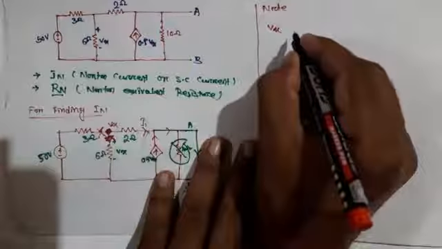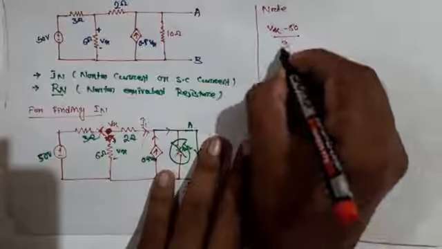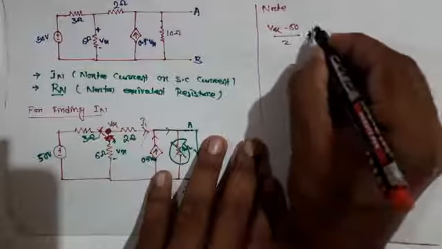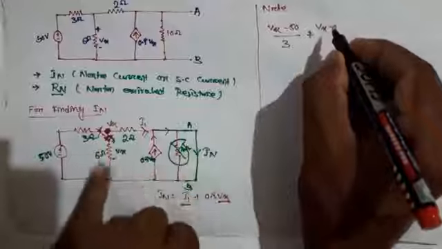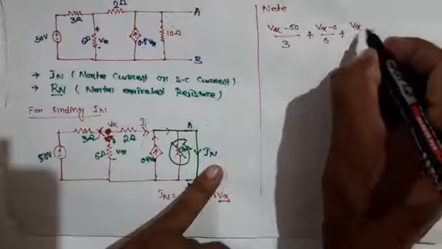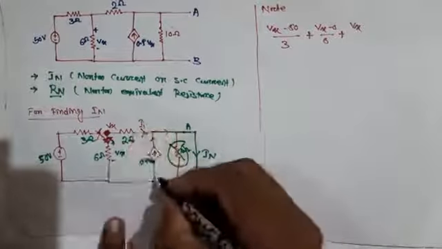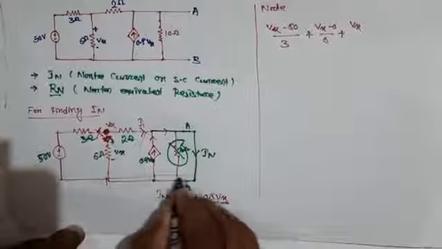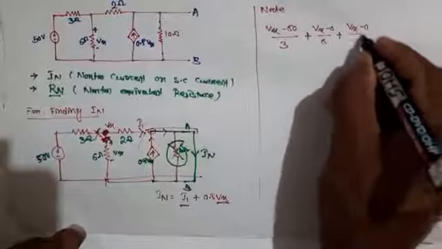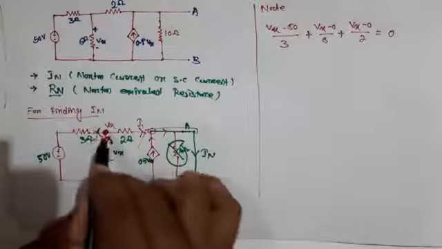The node equation is: (Vx minus 50) divided by 3, plus (Vx minus 0) divided by 6, plus (Vx minus 0) divided by 2, equal to 0. Here it is 0 potential because of the short circuit. This is the node equation at this node.